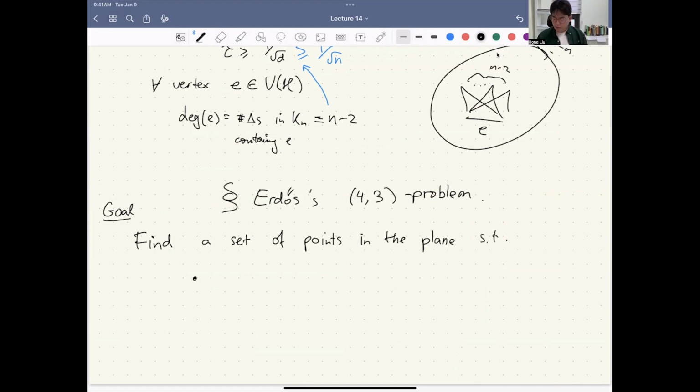On one hand, there's no 4 points on a line, no collinear 4-tuple. You don't have like dot, dot, dot, dot. This is not allowed.